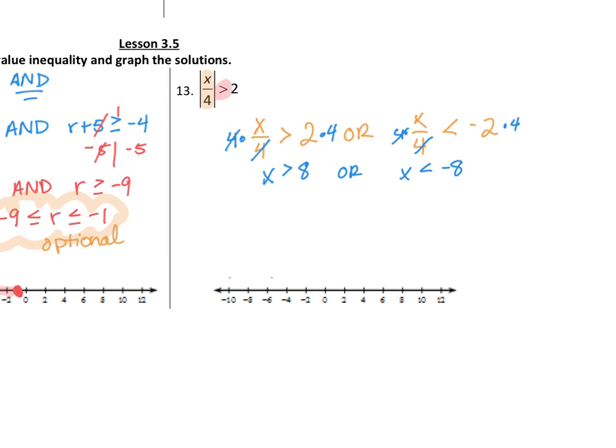So at 8, I'm going to have an open circle, and at x is less than negative 8, also another open circle. For shading, since it's an or, it's shaded on the outside, and we can see that's true. This is x is less than negative 8 right here, and then we're going to shade above the 8 on the outside, and that's definitely true because x is greater than 8.